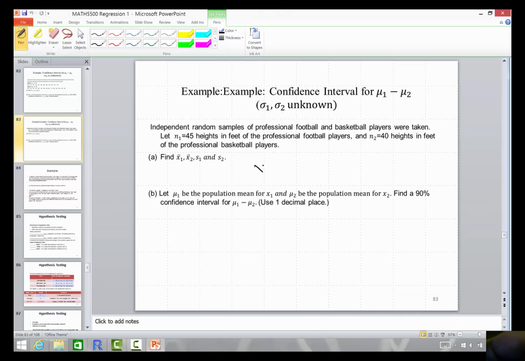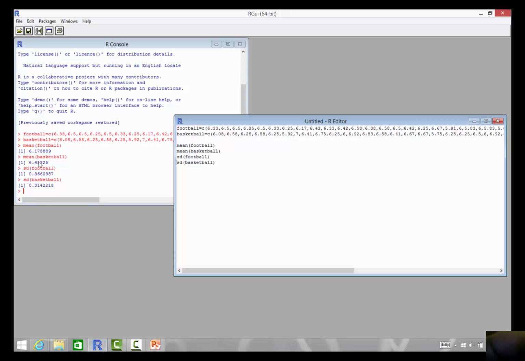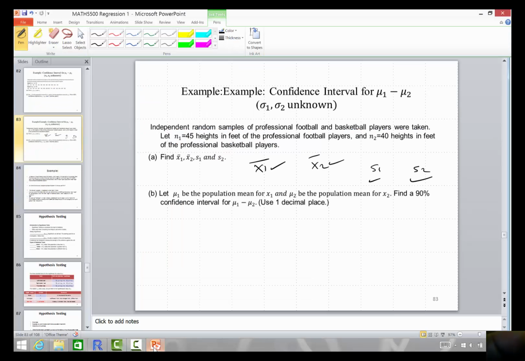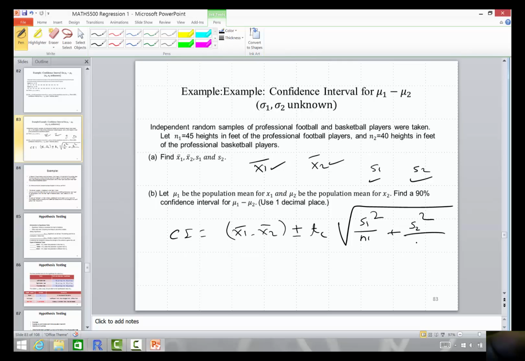We got x1 bar, x2 bar, s1, s2 from the data, from R. So the confidence interval formula will be x1 bar minus x2 bar, plus or minus t critical, times the square root of s1 squared divided by n1, plus s2 squared divided by n2.